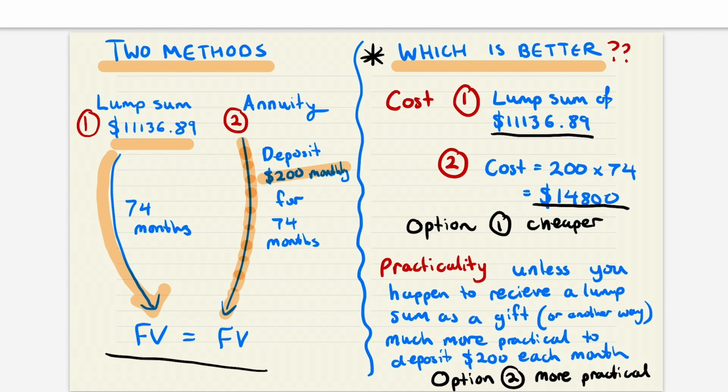How about practically? Well, unless you happen to have some sort of lump sum sitting around, that might be a gift or some savings sitting there, it's much more practical to deposit $200 each month. So option two is more practical.